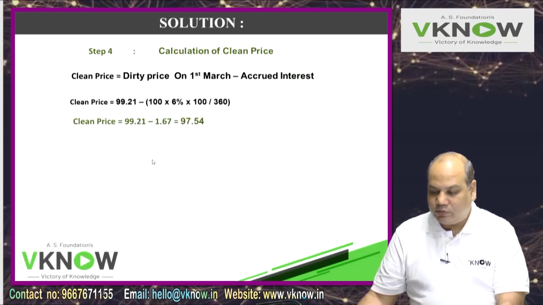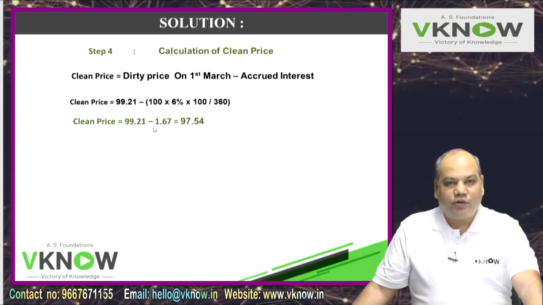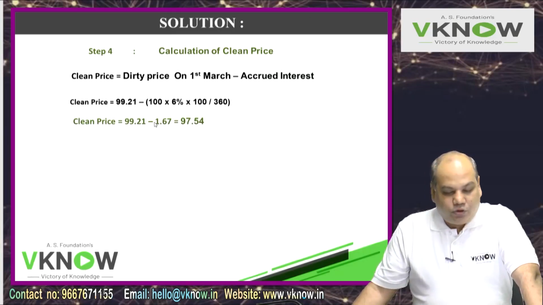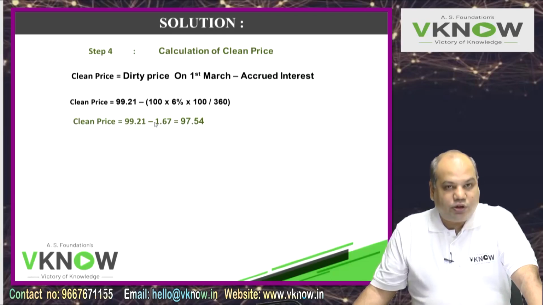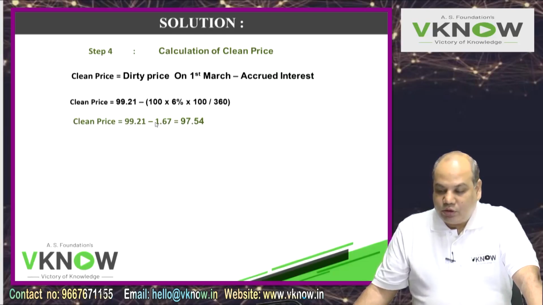But finally the answer will be 1.67 only. And therefore the clean price is 99.21 minus 1.67 equal to 97.54. Is it right? So this type of questions are also asked in the exam.